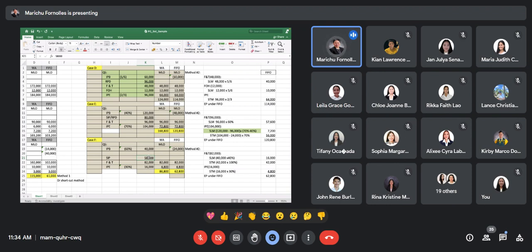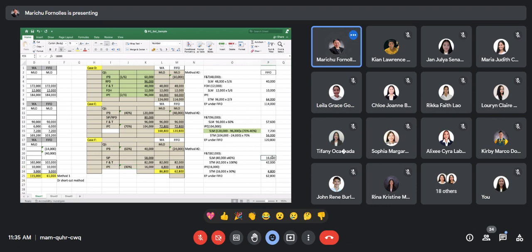Meaning started just this month, and what happened? Wa gihapon nahuman kay kutob ra siya sa 30%. So all of the IPE nga 16,000 were started this month, wala lang nahuman kay kutob ra siya sa 30% stage. So 16,000 times 30% equals 4,800.